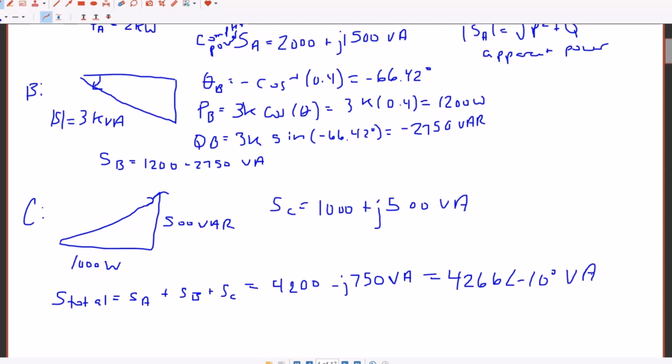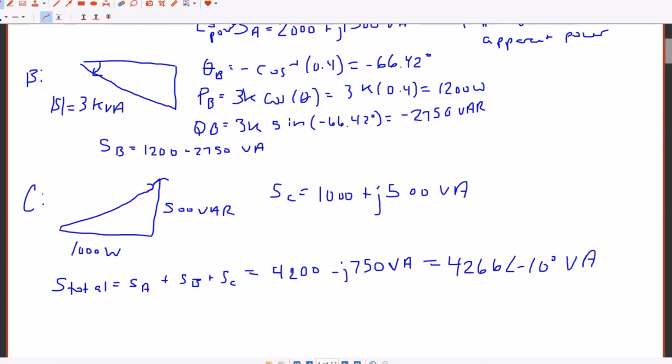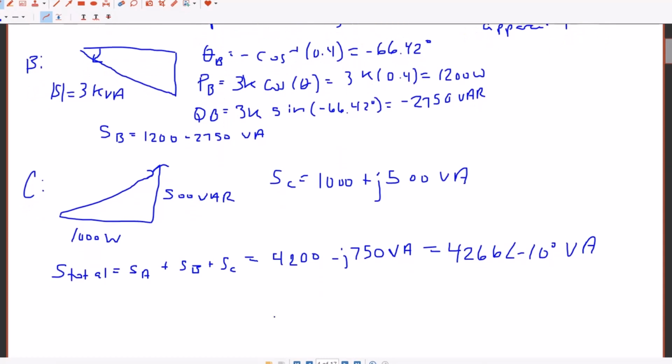So now to get the power factor, you're going to take the cosine of -10 degrees. You can type your answer in the chat. Don't forget to put lagging or leading. What's the power factor? Remember, it's a number, and you want to put lagging or leading.